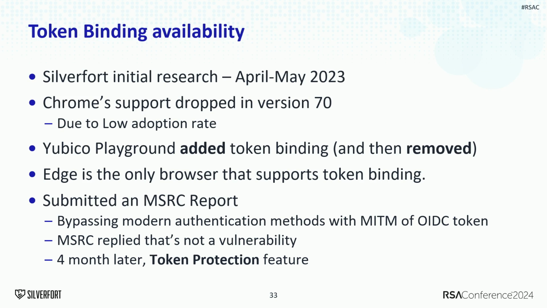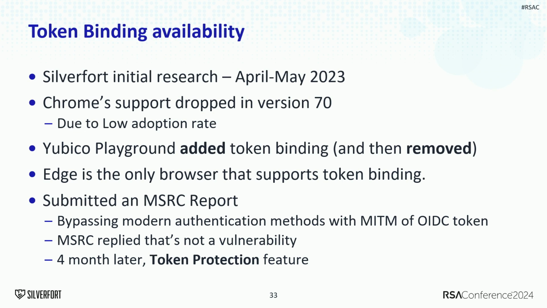It's not a real application. And Edge is the only browser that supports token binding, and for the native application, I submitted an MSRC report on how to bypass those modern authentication methods and replaying the OpenID Connect token.